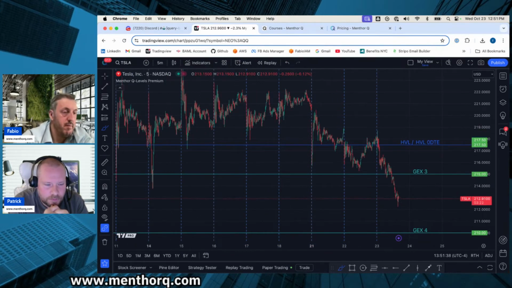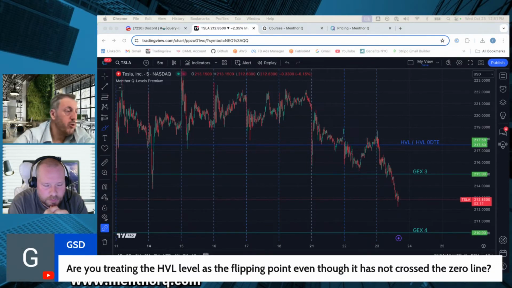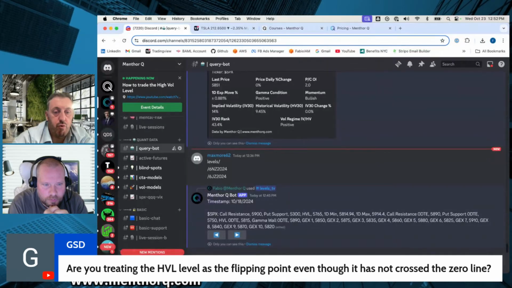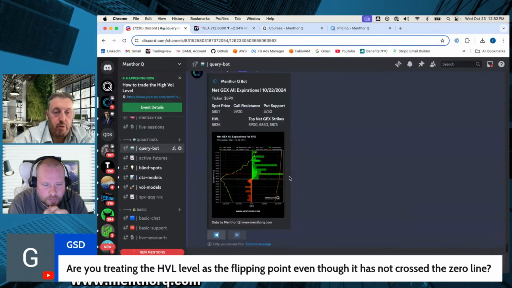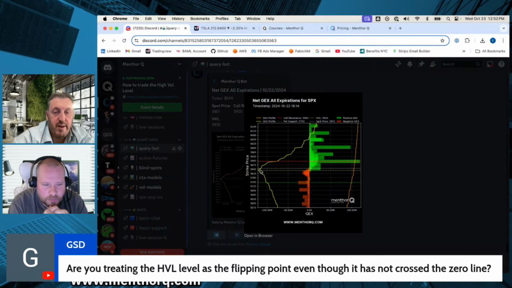Let's see if we get some questions. So, a question from GSD. Are you treating the high vol level as the flipping point, even though it has not crossed the zero line? So I think when we look back at the curve, if we go into our Net GEX chart, yes, this would be the flipping point.